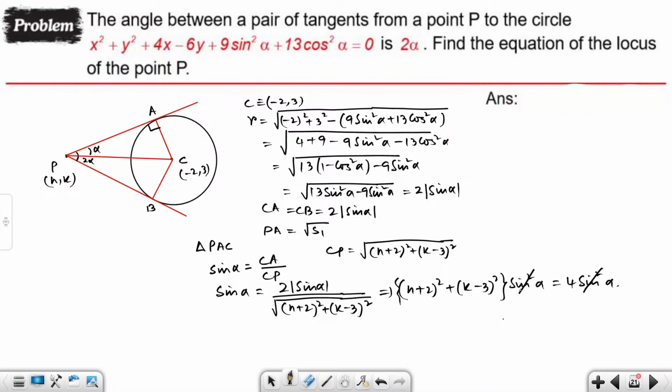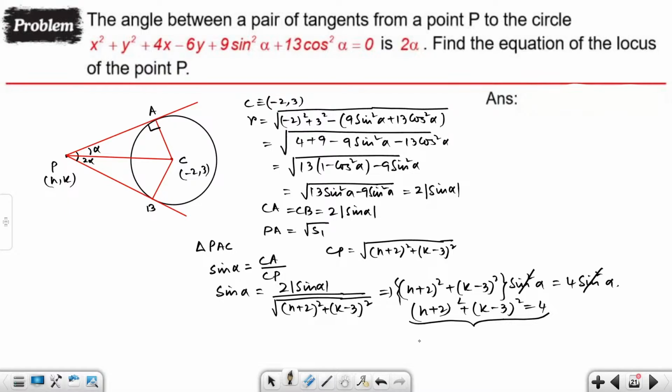So sine square alpha goes off. So we are left with h plus 2 whole square plus k minus 3 whole square equals 4. So this is the equation of the locus because this contains your h, k and the constants. So this is the equation of the locus of the point P.